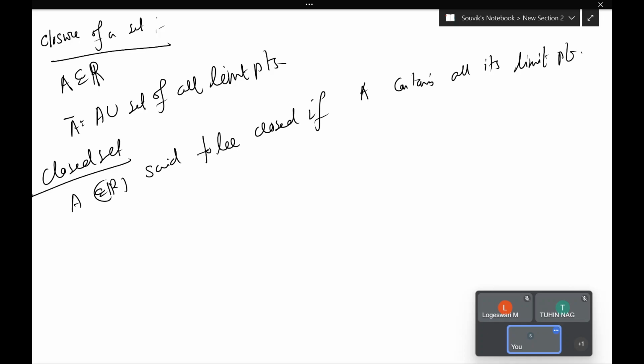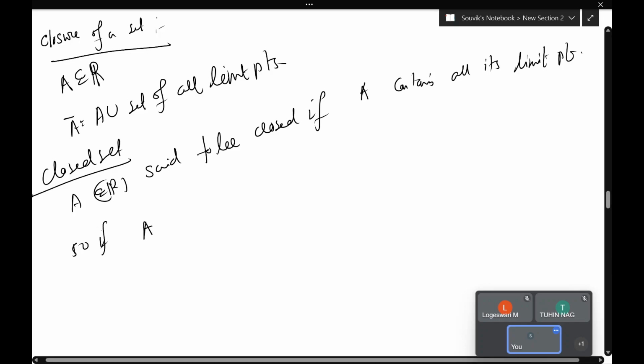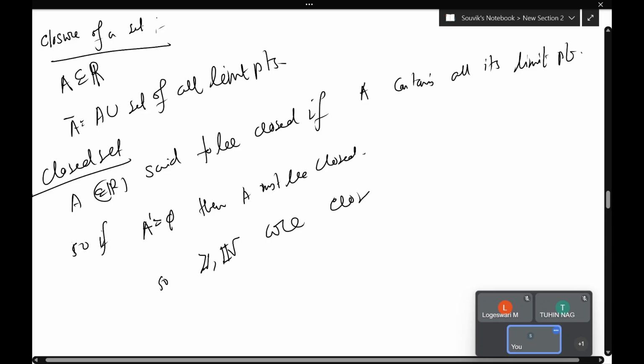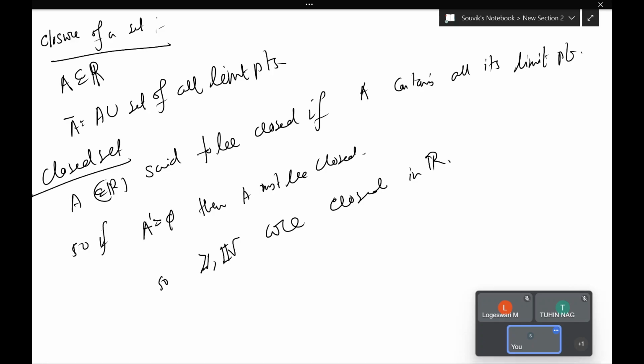So, for example, if A dash, the collection of limit points, is the empty set, then obviously A must be closed. So the set of integers and the set of natural numbers are closed in R. So now let's calculate some closures.